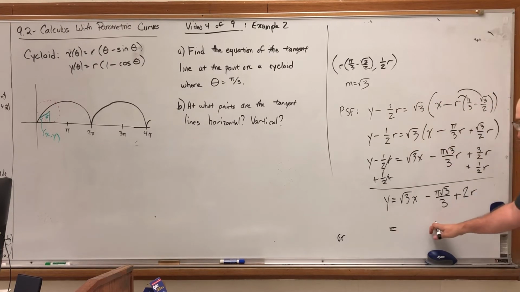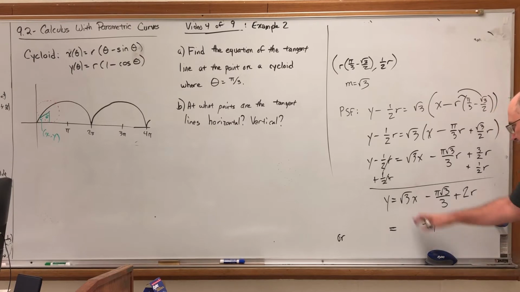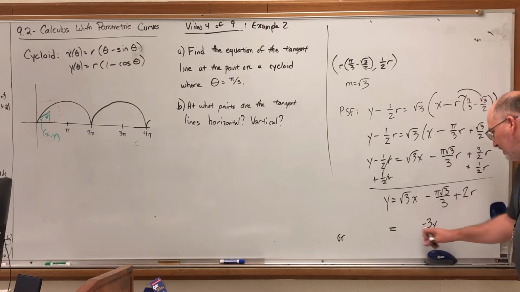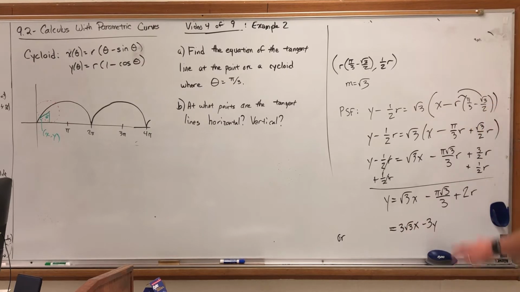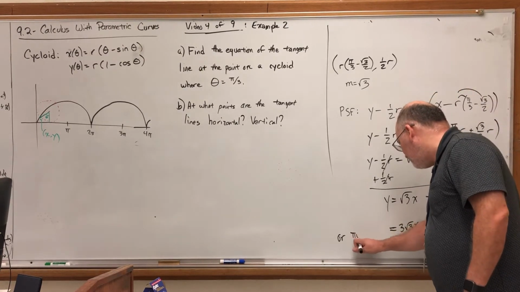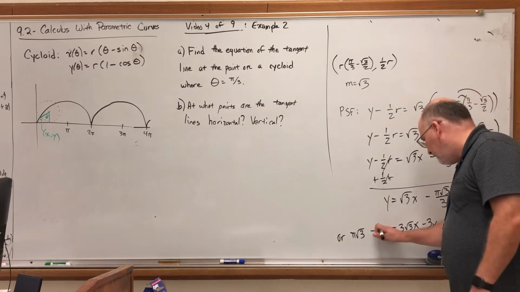The y moving over here would become negative and multiply by 3 to clear out the fraction. The square root of 3 x would stay over here but get multiplied by 3 when we cleared out the fraction. And then these other two terms we can move over and multiply by 3. The fraction would become positive and lose its denominator. We get pi square root of 3. The 2r would become negative and get multiplied by 3, becoming a negative 6r.